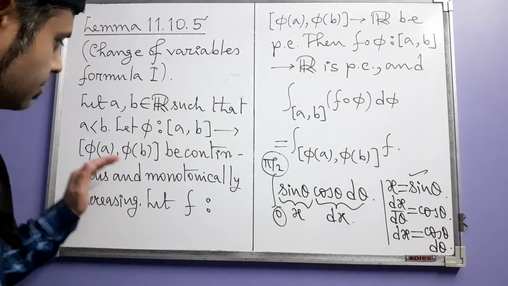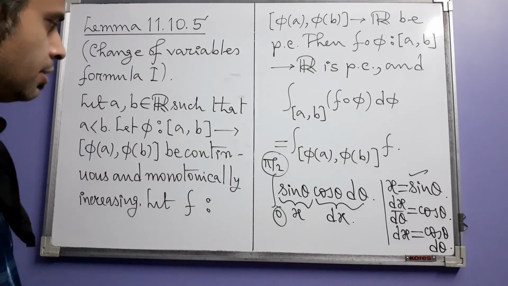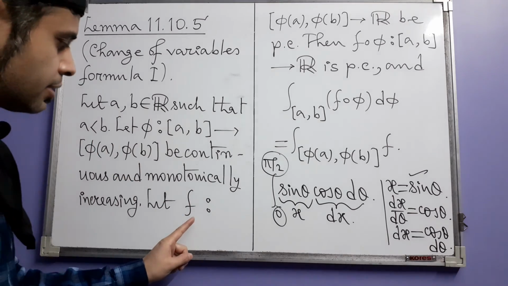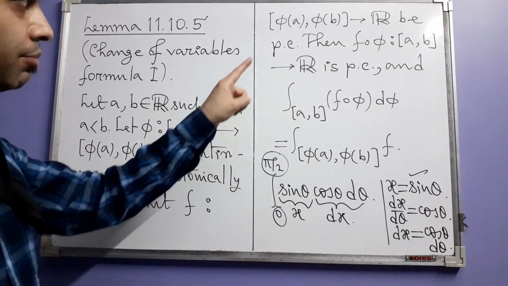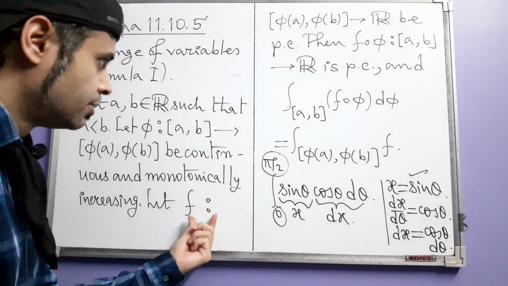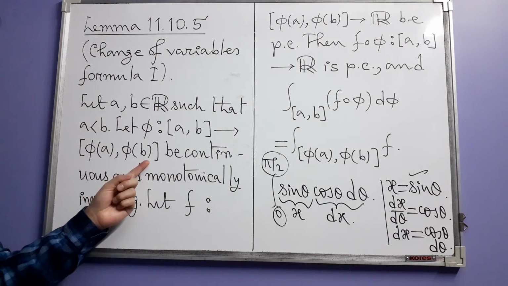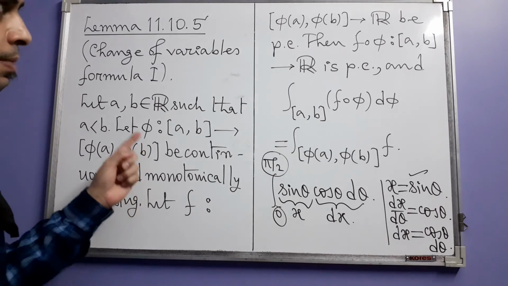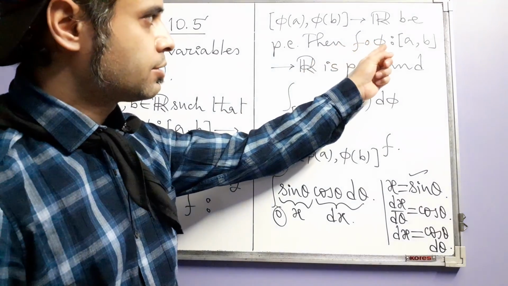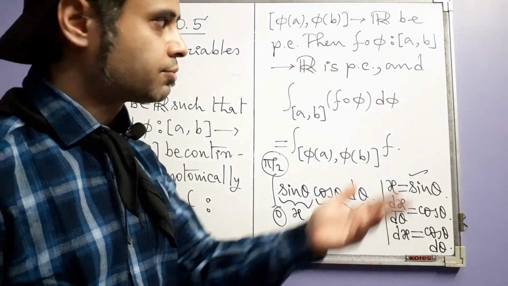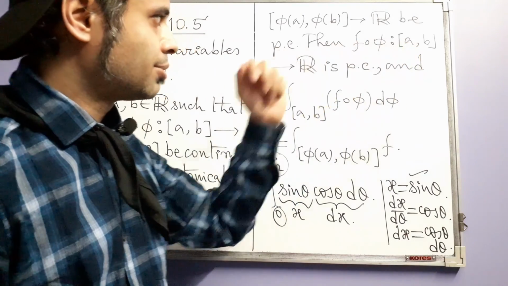Okay, so that justifies this. So this is one thing. The other thing is that we also have a piecewise constant function f, whose domain equals the range of phi, so that we can consider this composition. The composition, of course, then will be a function from a comma b to r.